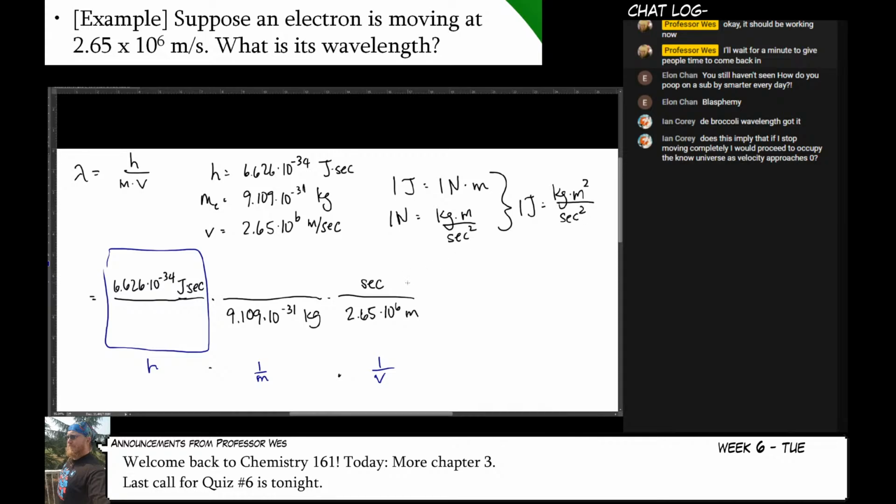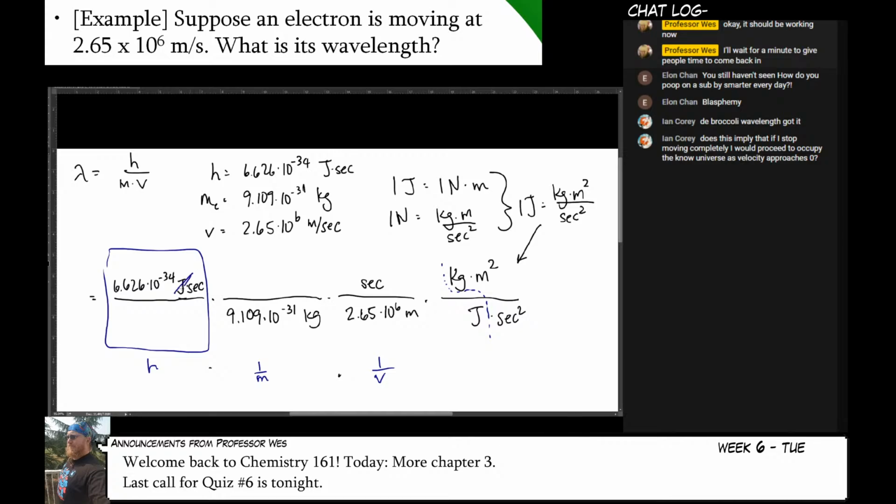And so this will be my conversion for joules: 1 joule is a kilogram meter squared per second squared. So now I can start canceling stuff out.